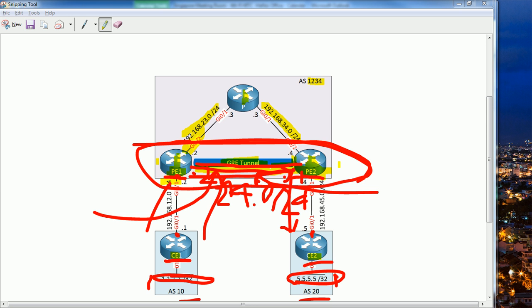So no interface tunnel on P1, no neighbor to the GRE interface, and the same on P2. Now let's get started with the MPLS configuration.